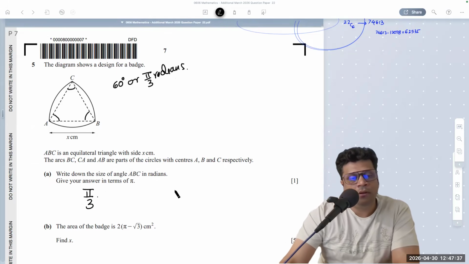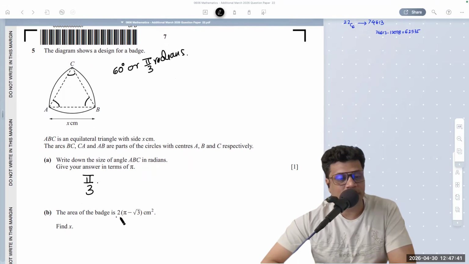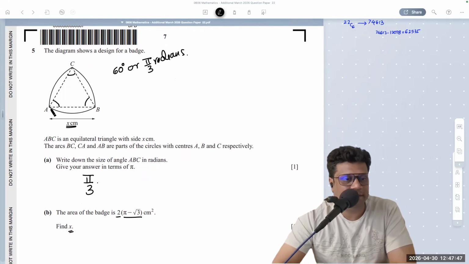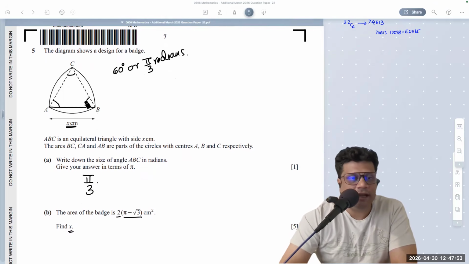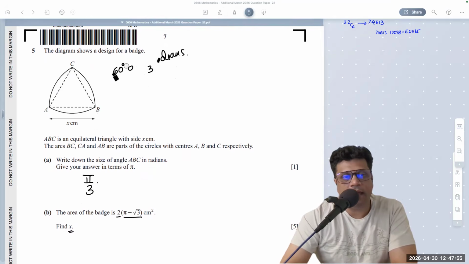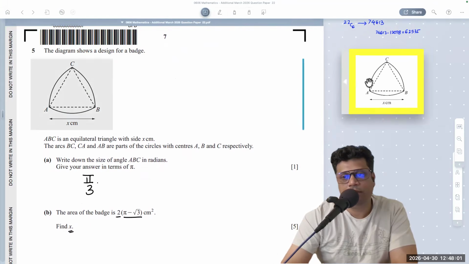Now they say that the area of the badge is 2 times this. Find out x, this length. So what I do is I take this diagram to the right and zoom in on it.